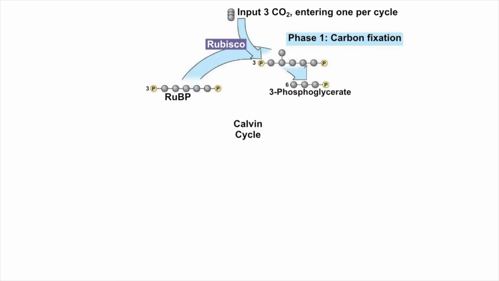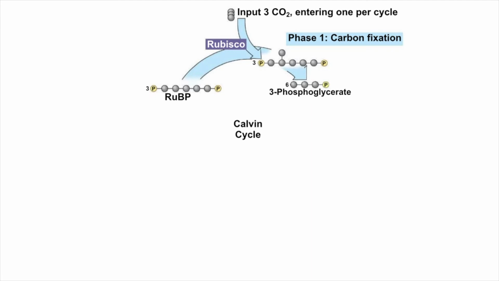Rubisco is found in all photosynthetic cells and is probably the most abundant and most important protein on Earth. Rubisco is able to basically capture carbon dioxide from gas form and put it into a sugar molecule by catalyzing that first reaction of the Calvin cycle.